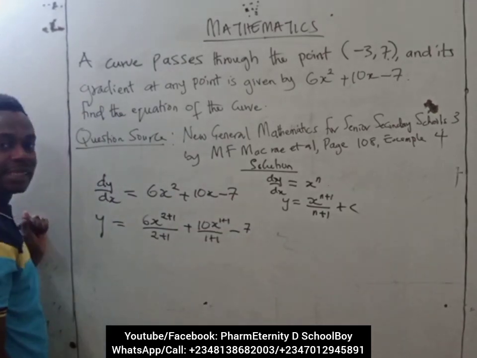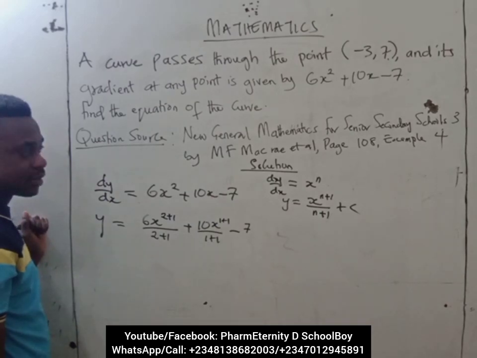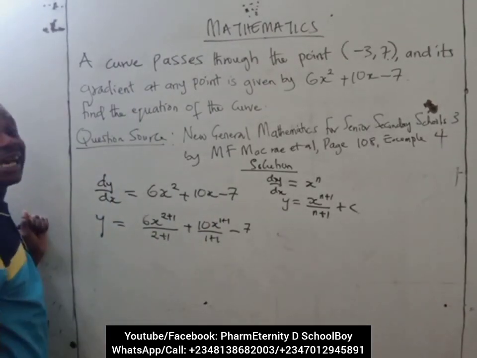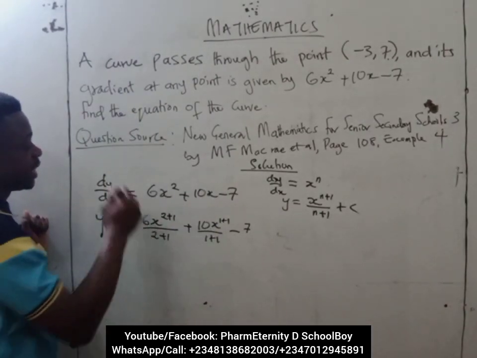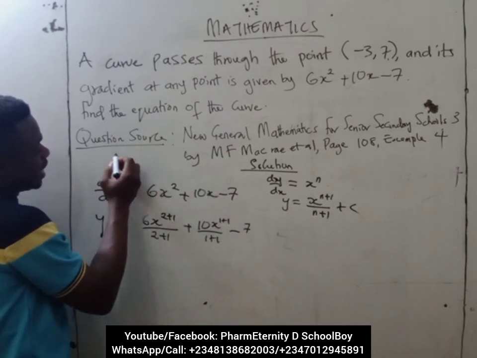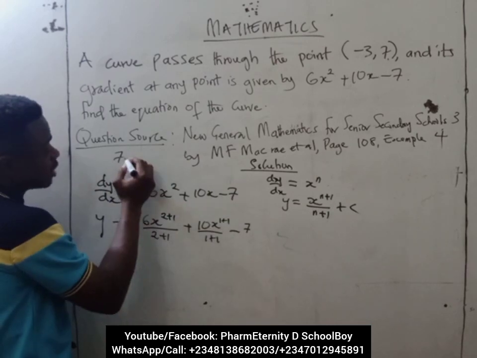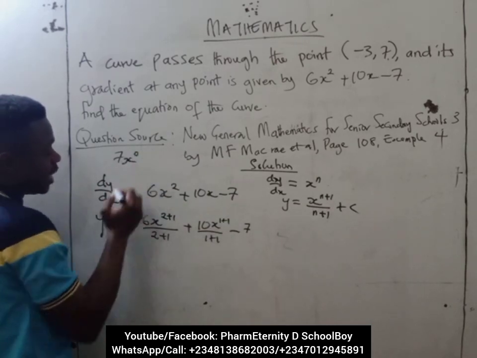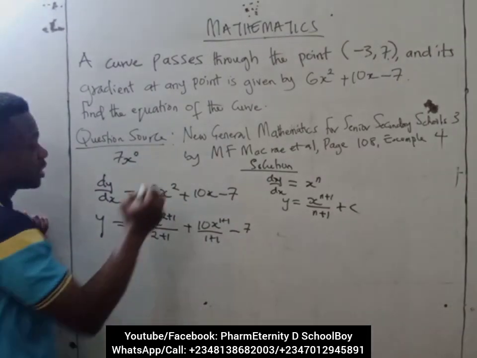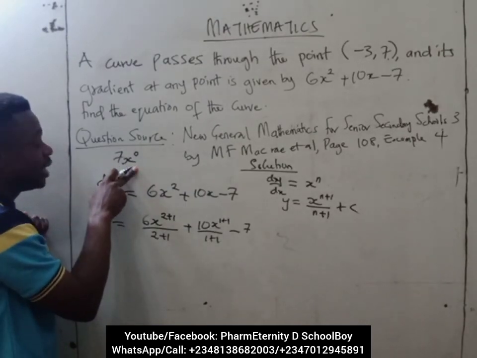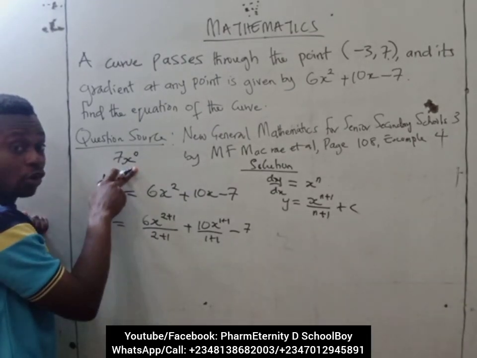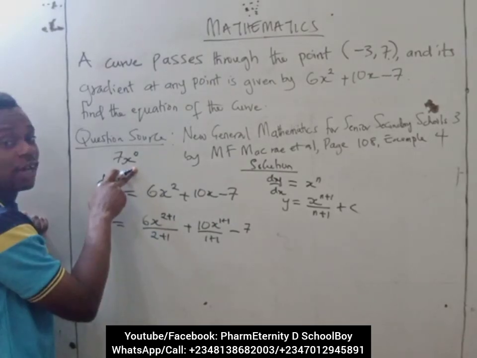This is a constant. If you integrate a constant, it's assumed that this is actually 7x raised to power 0, because any number raised to power 0 is 1. Refer to the law of indices.